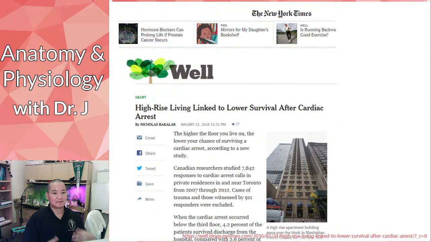And this is why, to answer that previous question, living on a high floor might be deadly to your health. Maybe it also matters whether you take the elevator or the stairs, but if you're living on the 40th floor, that might not be feasible. It was an interesting study by Canadian researchers: for everyone who had cardiac arrest and lived in one of these buildings, they found out which floor they lived on.